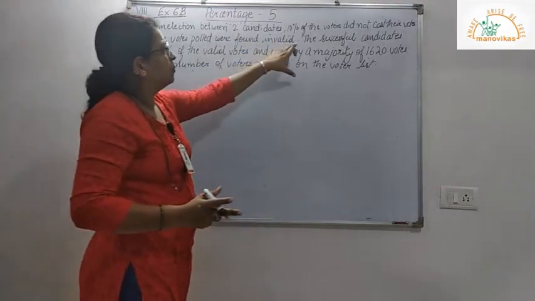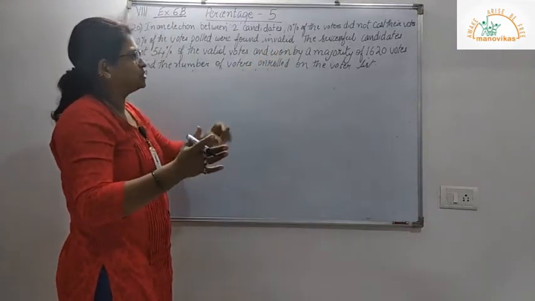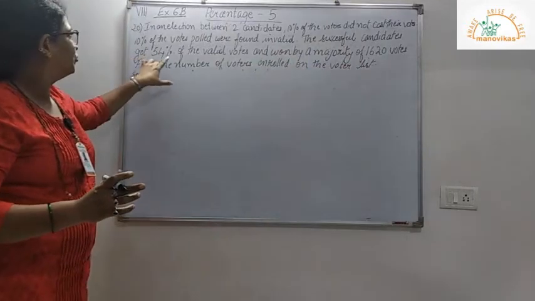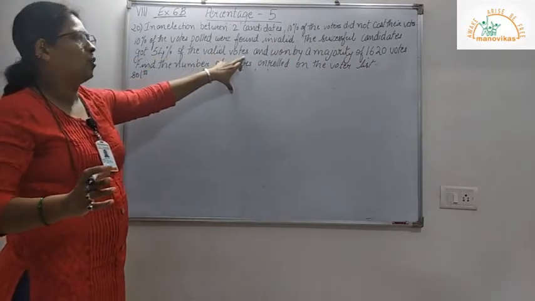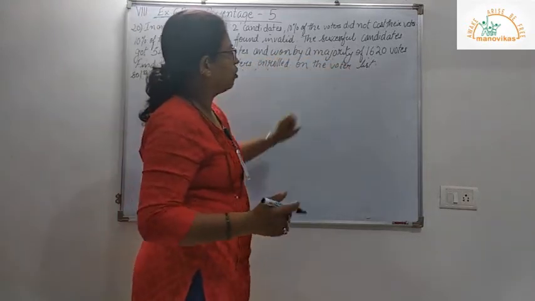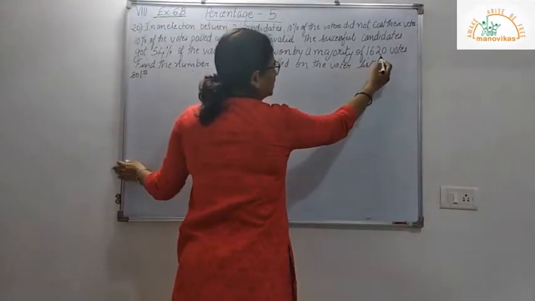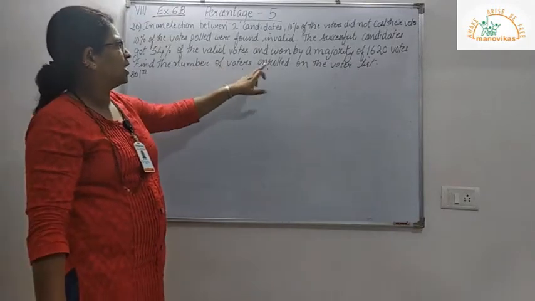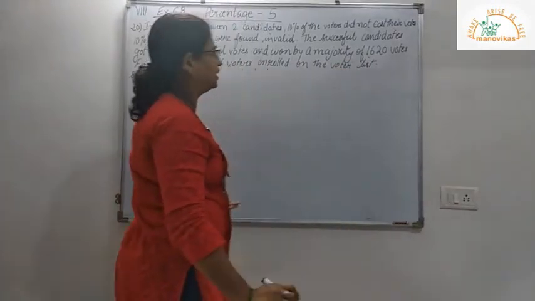Now from the valid votes, the successful candidate got 54% of the valid votes and he won by a majority of 1620 votes. Find the number of votes enrolled on the voter list.